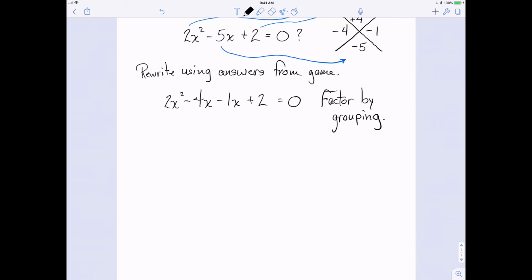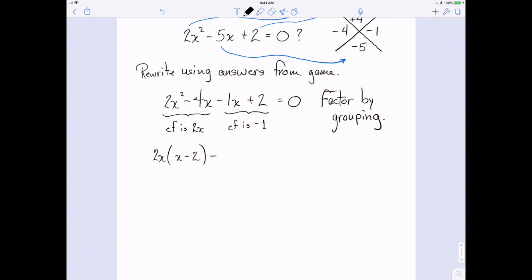Factor by grouping. So if I do that, now remember, there's no greatest common factor in this problem. However, if you break this into groups, we can have what we call common factors. The common factor in the first group is 2x. And in the second group, there has to be some common factor. I think we're going to try the common factor of negative 1. Okay, so let's try this. 2x factors out to an x minus 2.